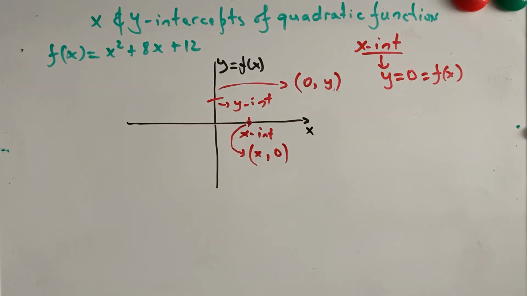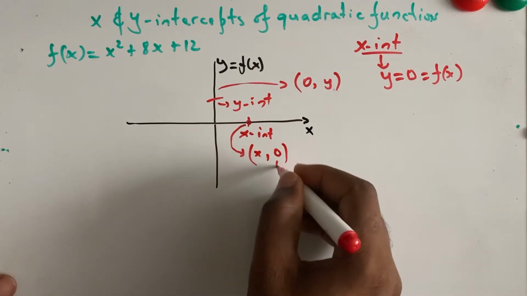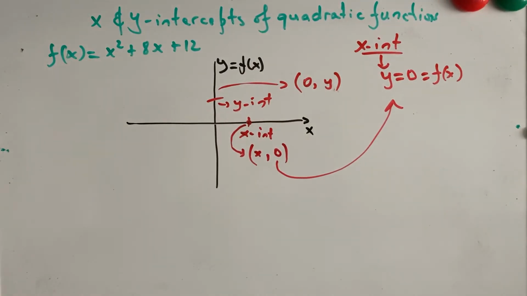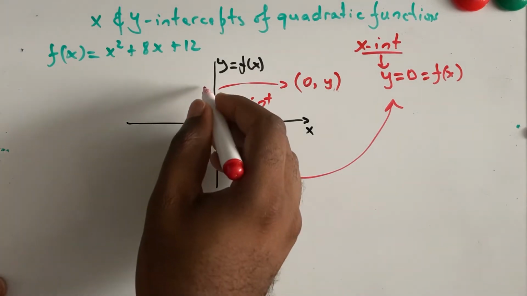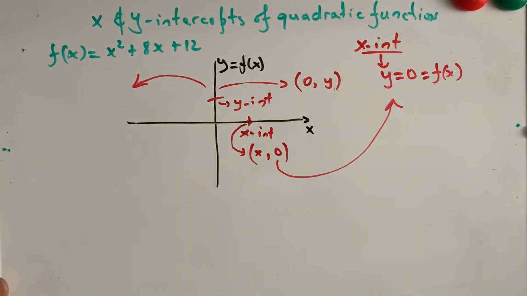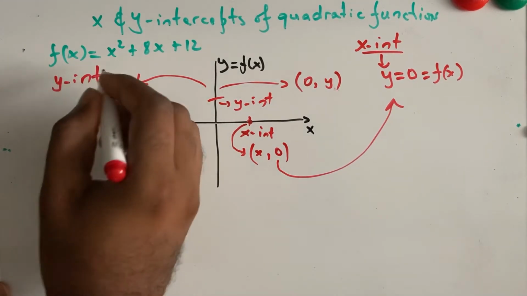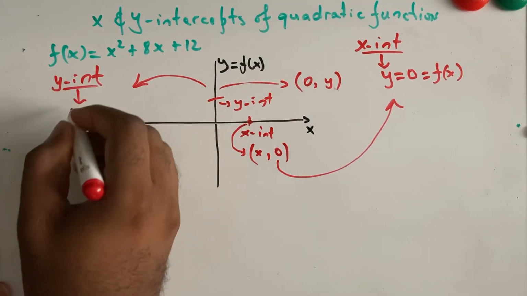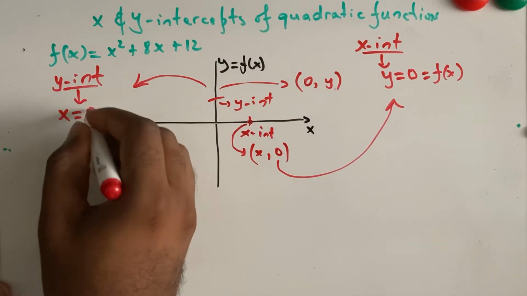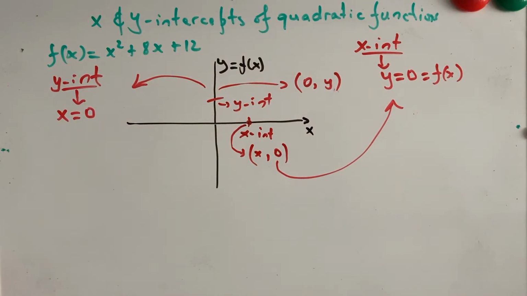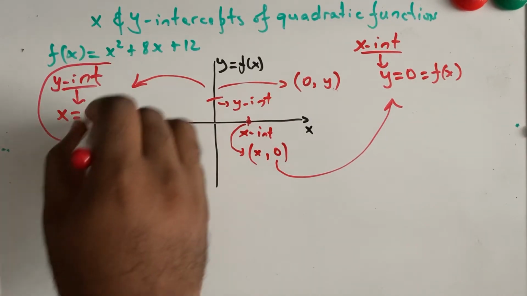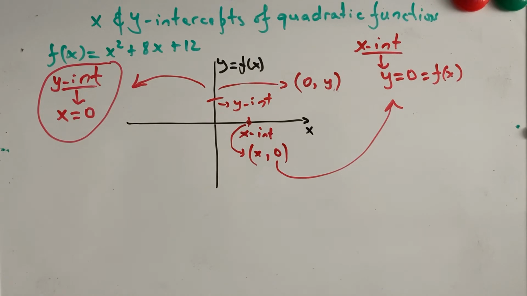Now for the y-intercept, anytime you need it, the x value will be 0, so you have to replace x by 0.